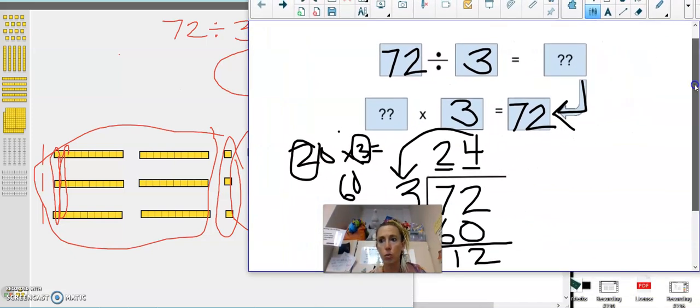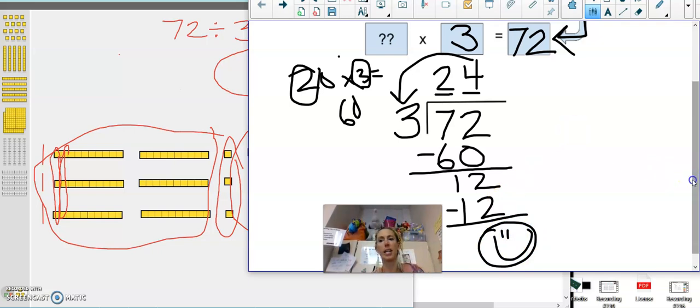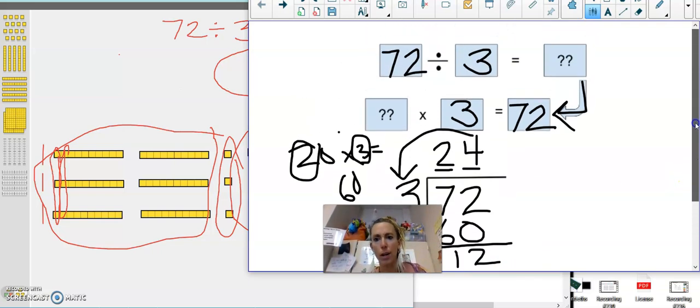So I'm going to scroll down a little bit and I'm going to write 4 groups of 3 was 12. And how many people are left? None. Isn't that a happy thing? No one's left out. So what is our answer after you've done all that work? How many groups of 3 can we make out of 72 people? A lot.